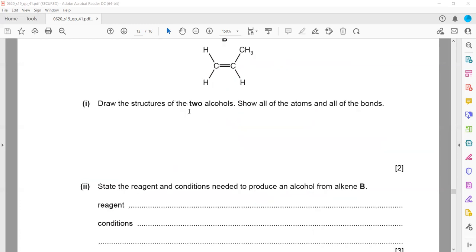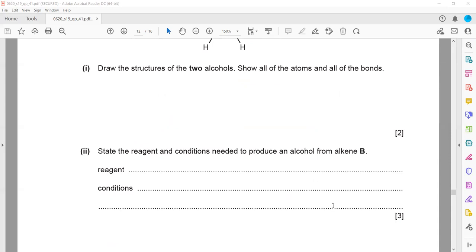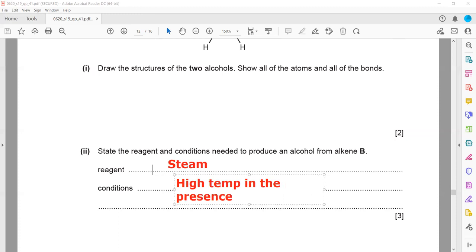The next part is to state the reagent and the condition. So what reagent, what chemical do we use here? We use water, or you can say steam. And what are the conditions? This reaction occurs at high temperature in the presence of phosphoric acid as catalyst.